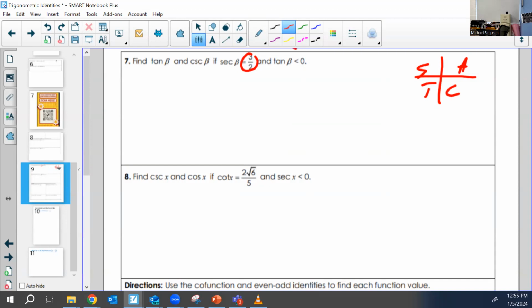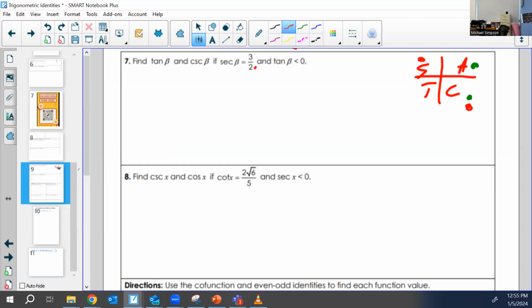Remember, cosine is positive here, and here. So therefore, secant is positive in those two quadrants. But it also says the same angle has tangent negative. We know tangent is negative in the 4th quadrant and this quadrant.